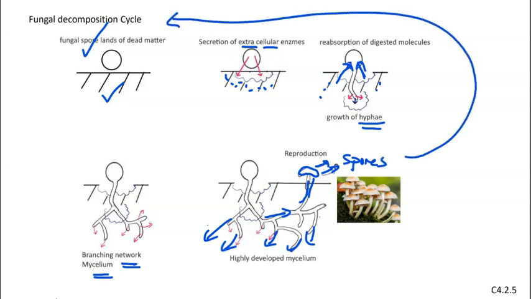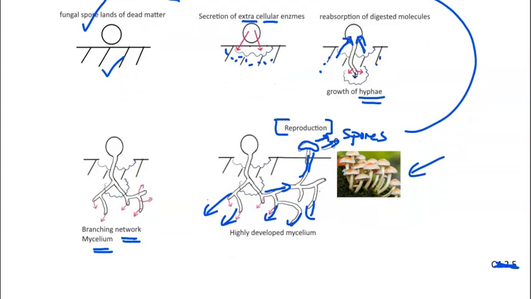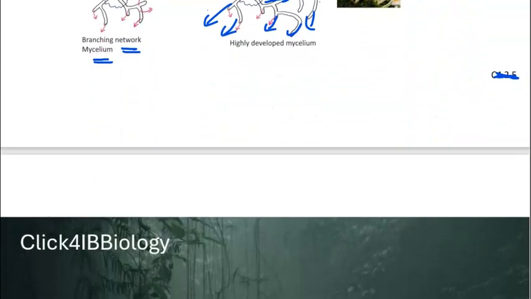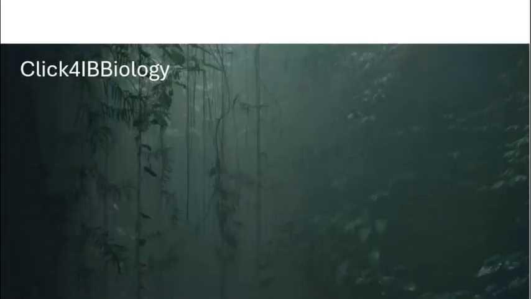And of course, these reproductive structures, which are often produced by fungi, are the mushrooms and toadstools that we see in our grasslands and forests. In this way, the energy and the matter is recycled back to the beginning of food chains and food webs.